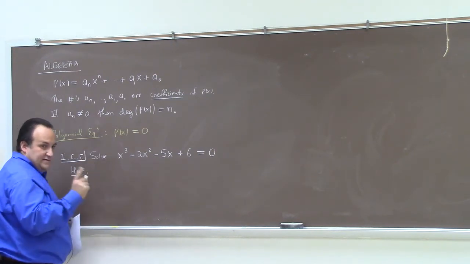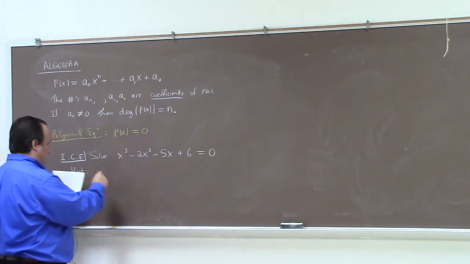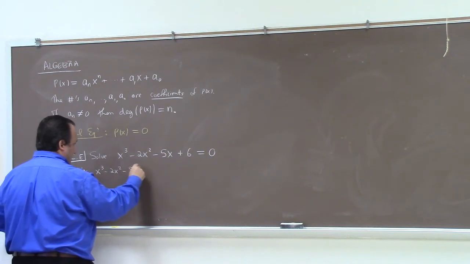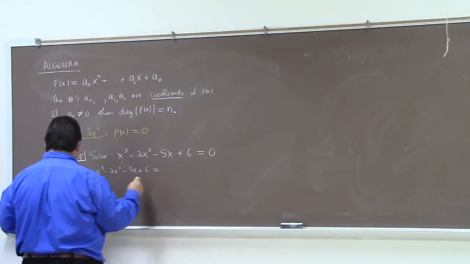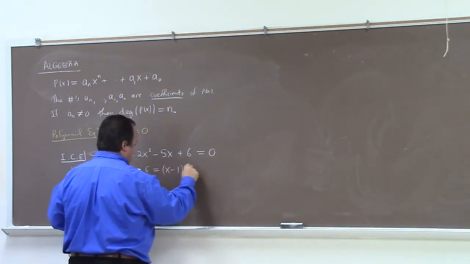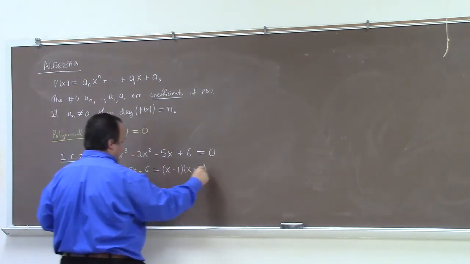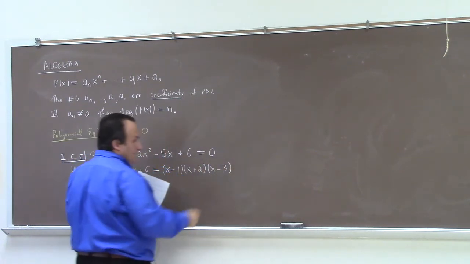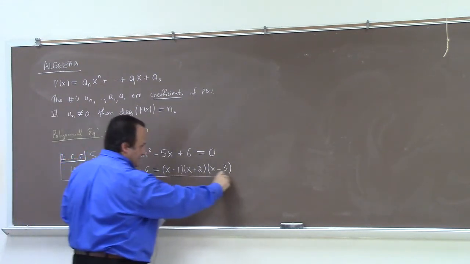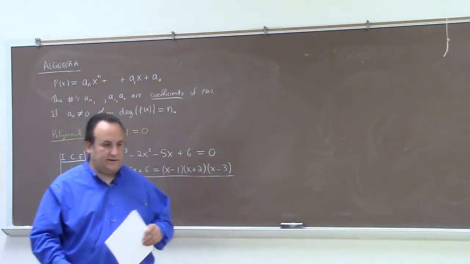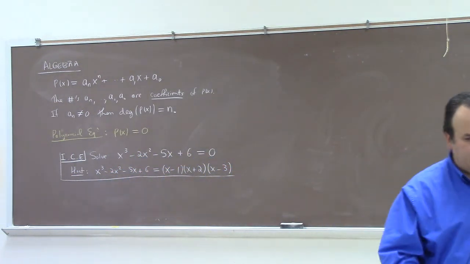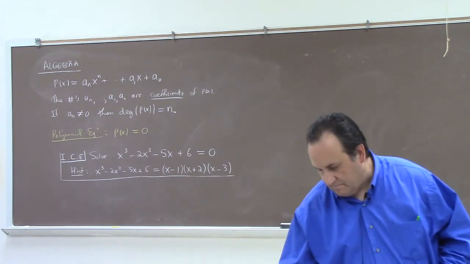All right, and the hint is, hey, by the way, you can factor this polynomial as x minus 1 times x plus 2 times x minus 3. Now that is a very, very generous hint, right? So why does that help us? Why does factoring a polynomial help us solve a polynomial equation?